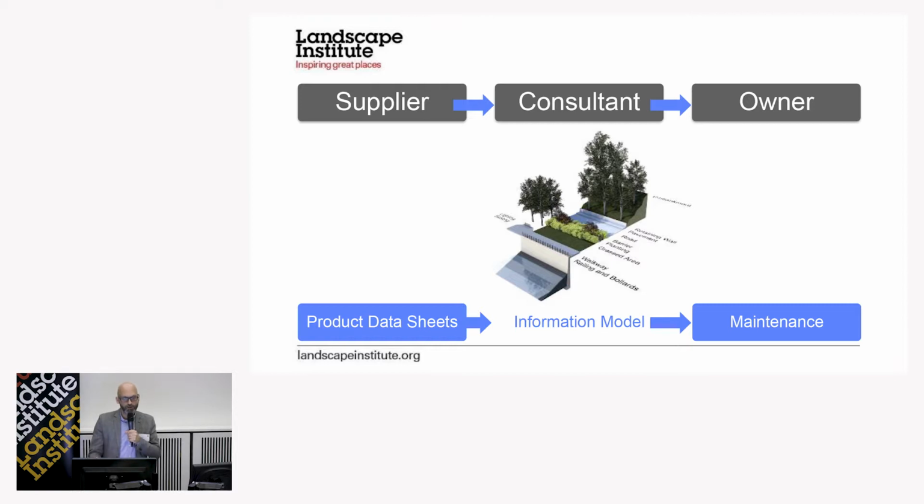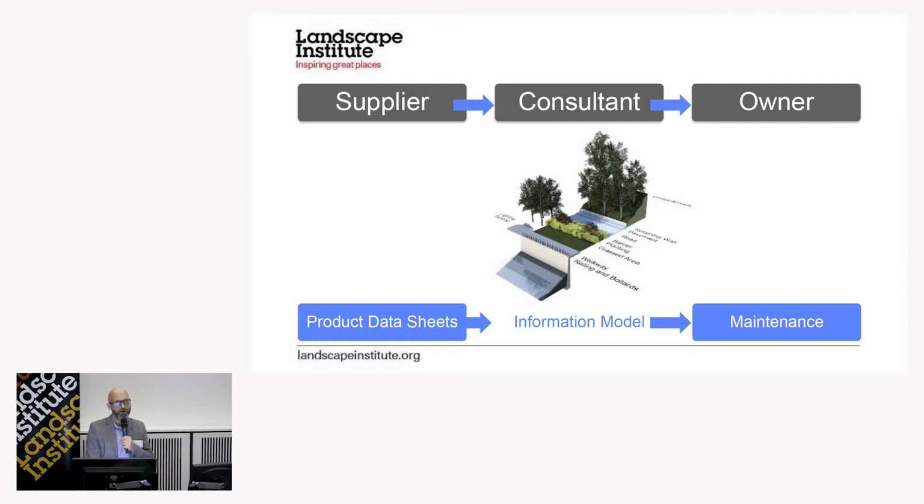We have a number of initiatives in terms of how we're sharing that data. So within the UK, the initiative for data input that is coming from manufacturers and suppliers is known as PDTs or PDSs, Product Data Templates and Product Data Sheets.